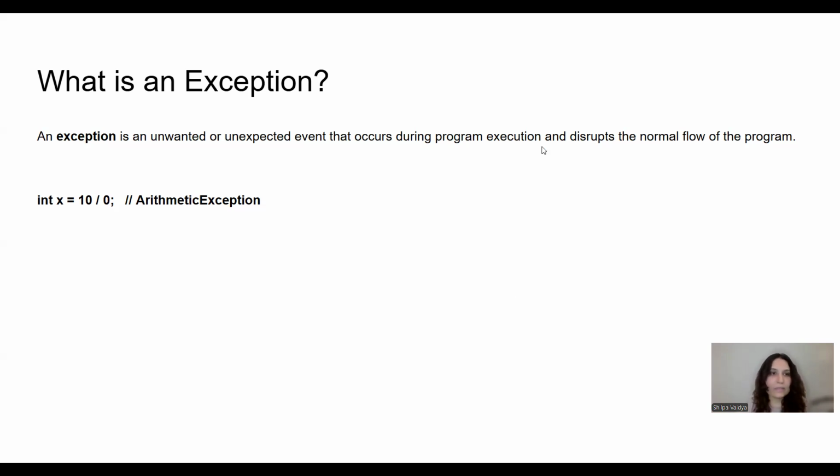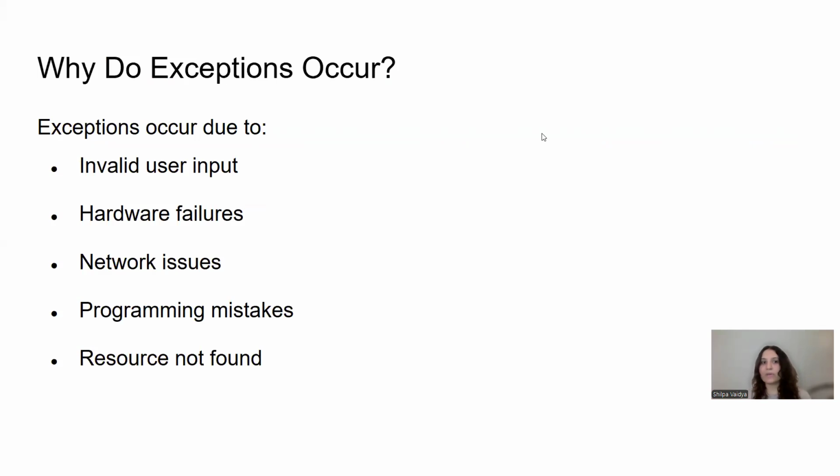So usually, what kind of exceptions would occur? Invalid user input. Like if I'm asking for a string, enter the name, and then the user is providing a number. At that time there can be a mismatch. Also hardware failures, network issues, programming mistakes, and resource not found.